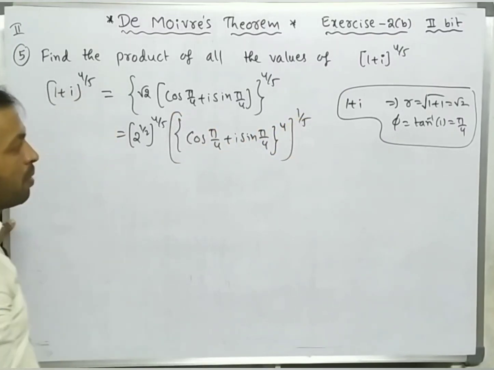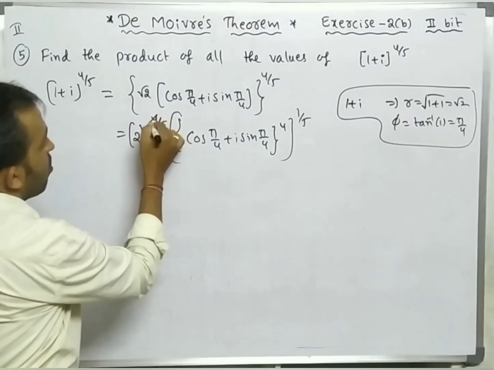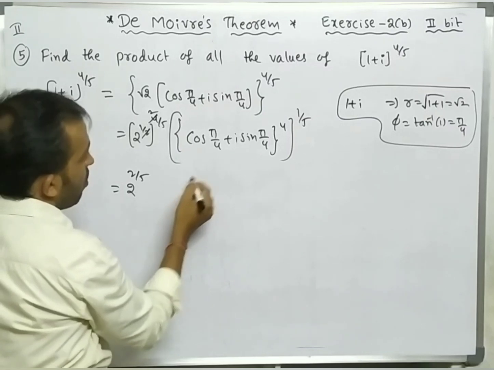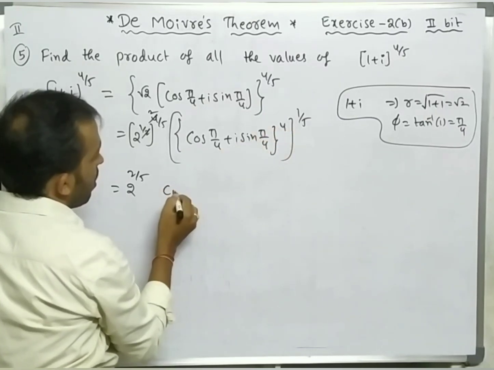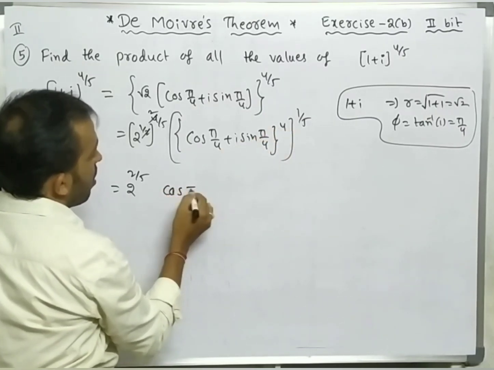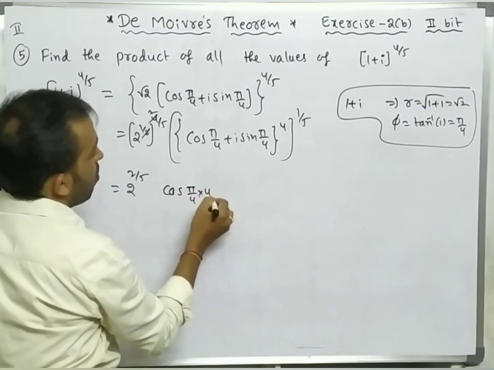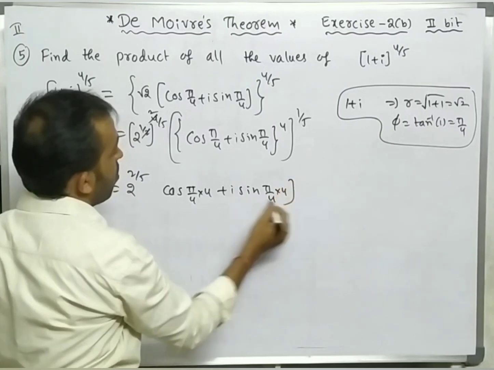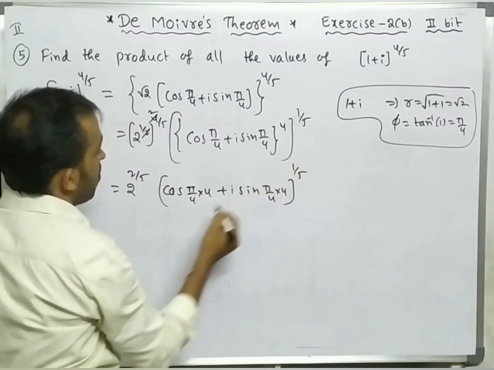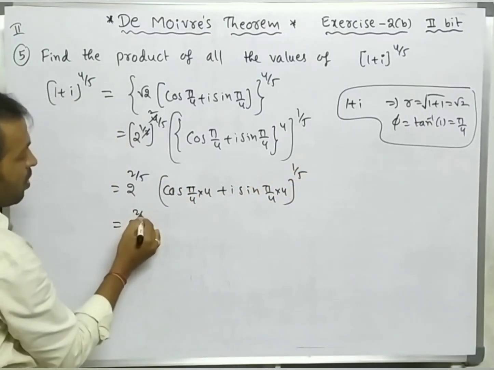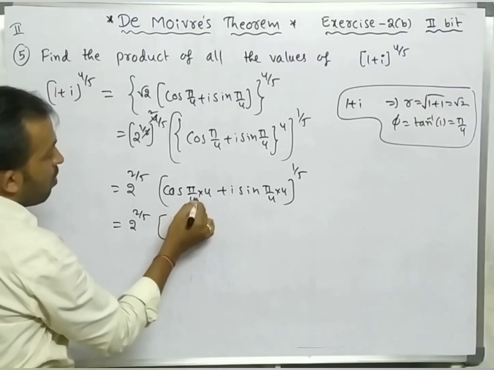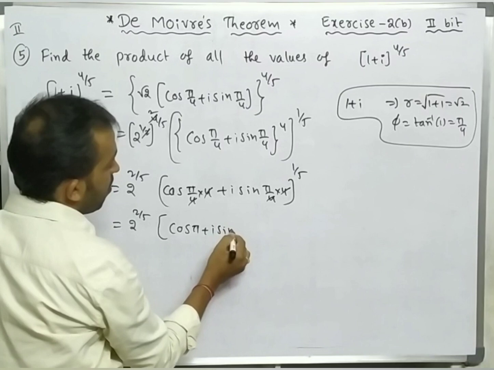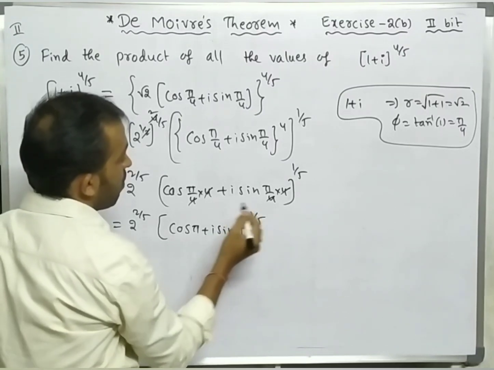Now the 2s cancel, giving 2 power 2 by 5 into, applying de Moivre's theorem, (cos of pi by 4 into 4 plus i sin of pi by 4 into 4) whole to the power of 1 by 5. Now pi by 4 into 4 cancels, giving (cos pi plus i sin pi) whole power 1 by 5.